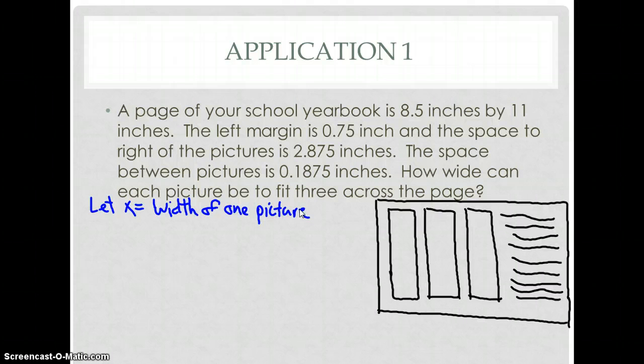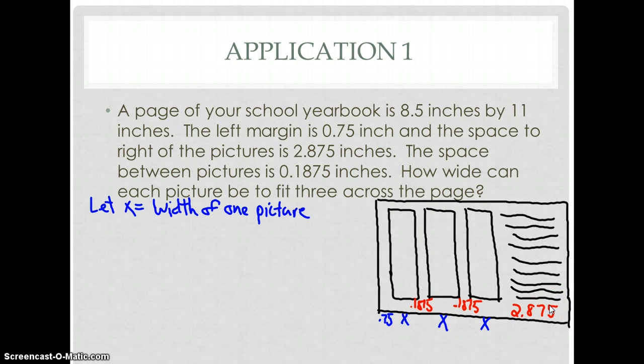Here's our page. Okay, and we know that this distance here is 0.75. We're looking to find the width of the pictures, x and x. We know the distance between the pictures is 0.1875, and we know that this distance to the right is 2.875 inches.